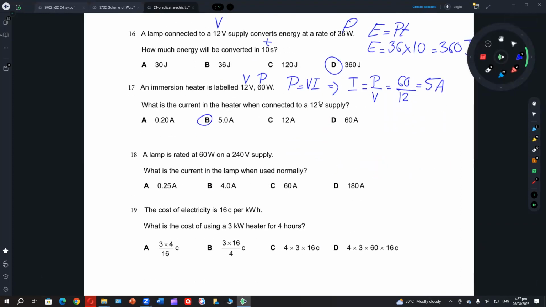A lamp is rated 60 watt. This is power, this is voltage.